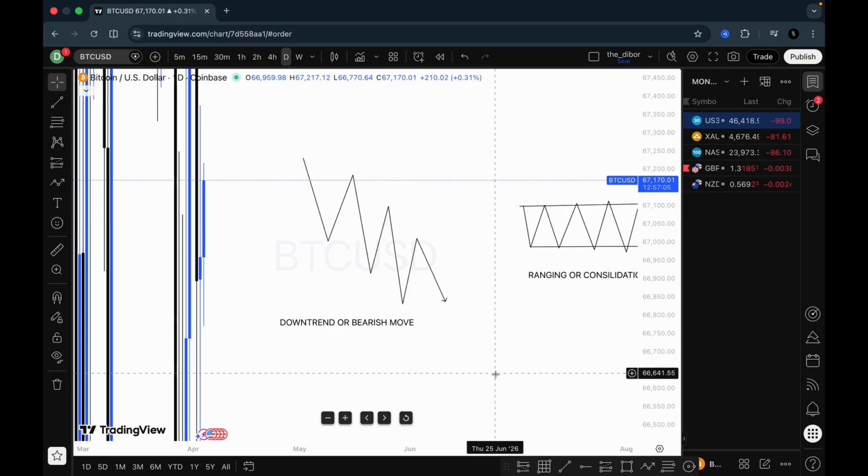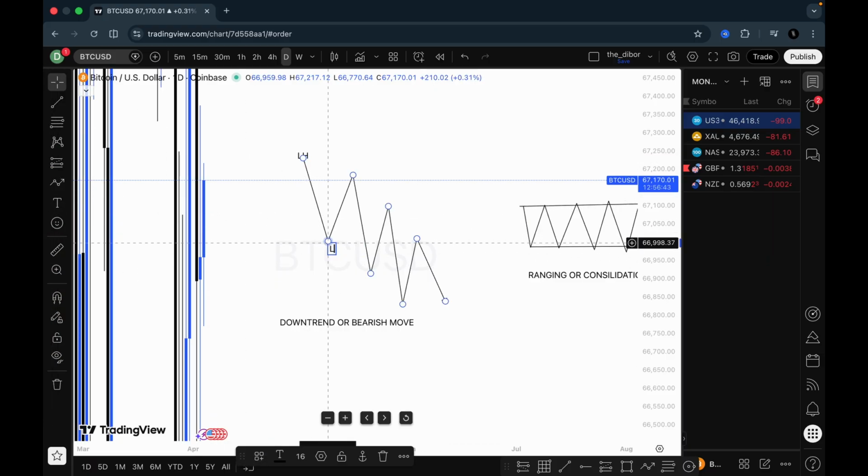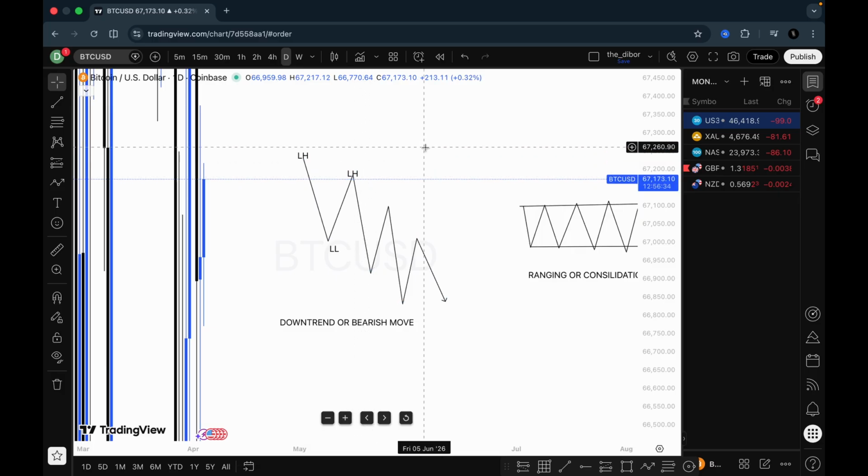When you see price giving us a series of lower highs and lower lows, this is a lower high, lower low, another lower high, and yet again another lower low here. This is a downtrend, or a bearish movement. We call it a downtrend.